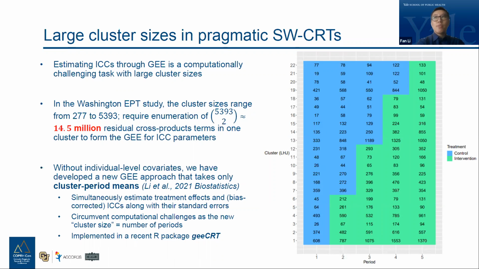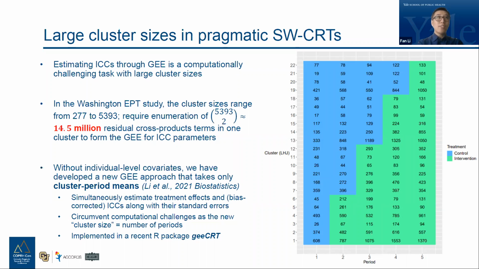In pragmatic SW-CRTs, there may be situations where we have an enormous number of individuals presenting for healthcare in a specific period. For example, on the right-hand side, we present the number of individuals contributing observations in the Washington State EPT study for each cluster during each period.